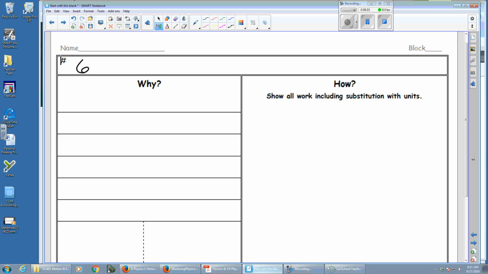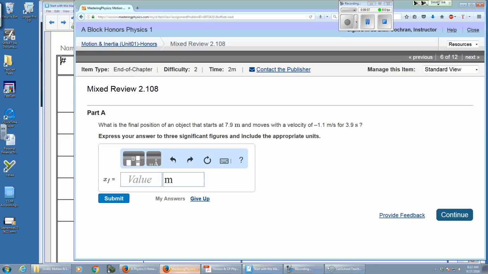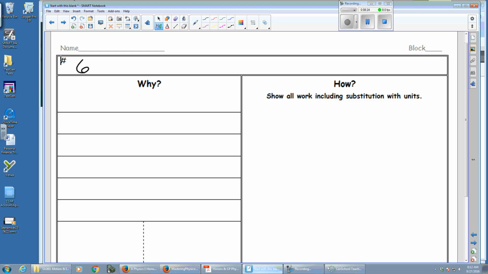So for your Y on this, we look at the problem. It's about where you end up, right? And it gives you where you start. And it gives you how you're moving and how long you're moving for. So I would say, okay, there might be some common sense things here to show that you understand.